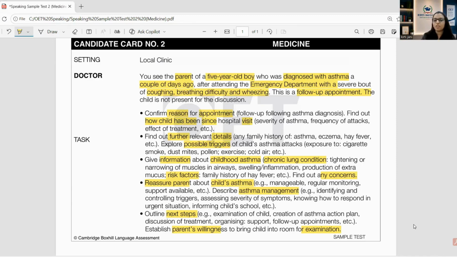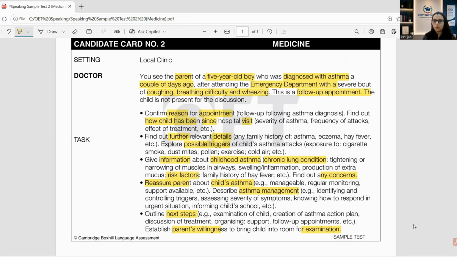Let me give you information about what childhood asthma is. So you can see that when you highlight the keywords, you can instantly create the response or ask questions. And even if something is not going in sequence, you will be easily able to understand that and catch the conversation from that point. That is why highlighting or underlining the keywords is very important.